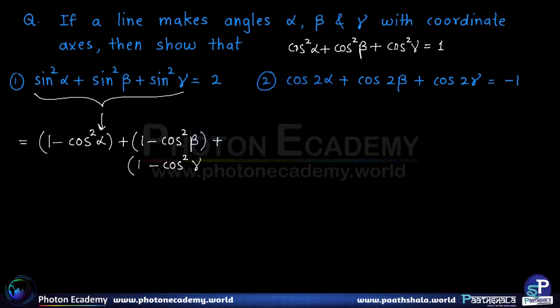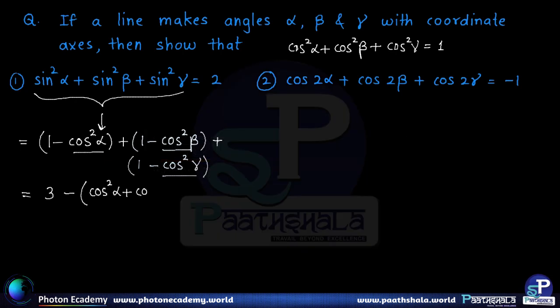So therefore collecting all the like terms, we collect 1, 1 and 1, that gives us 3, and minus, in the bracket we will have the terms cos square alpha plus cos square beta plus cos square gamma, and we know that this is equal to 1. So therefore on substituting that value we get 3 minus 1, and that turns out to be 2, which is the right hand side.